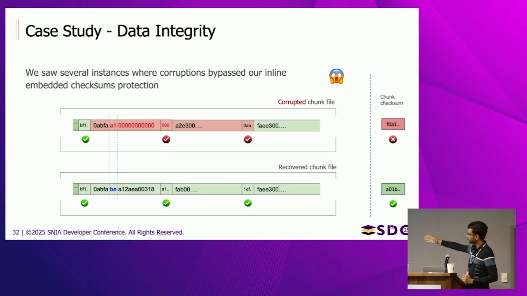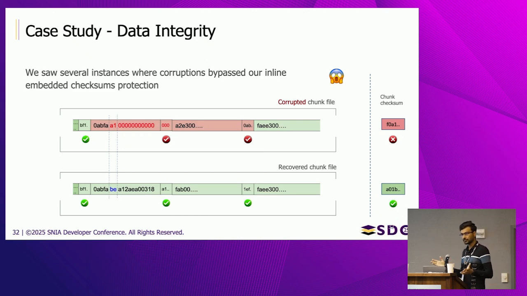We also have a checksum at the chunk layer, at the 32 MB boundary, and that chunk checksum was incorrect. Although the embedded inline checksums were absolutely correct, the incorrect chunk checksum told us that something was wrong with this chunk file.